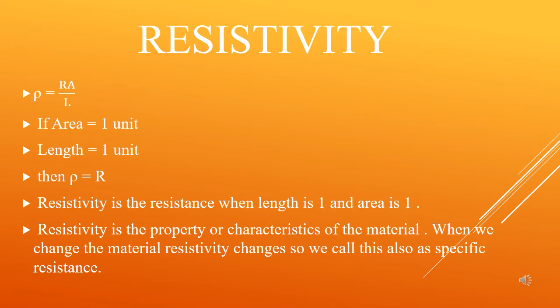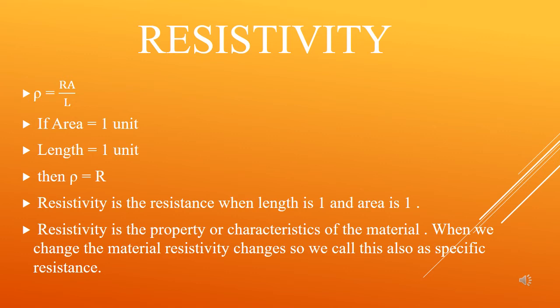So resistivity is a special case when both length and area are 1, and capital R, which is resistance, is the resistance of the total, whatever is the length, whatever is the area. But when we have fixed length 1, area 1, we are not changing length, we are not changing area, this becomes a constant.